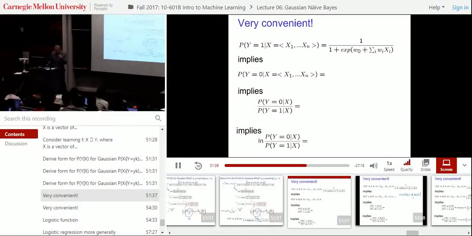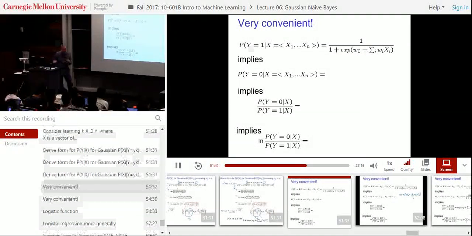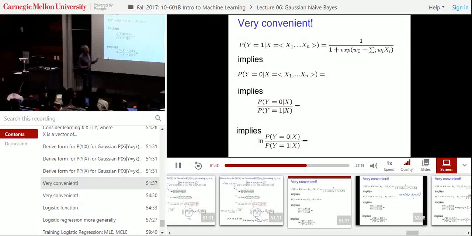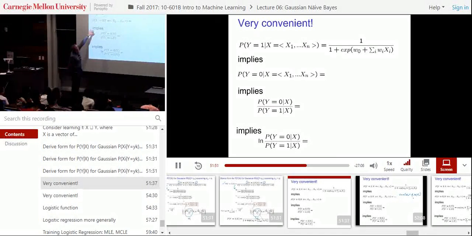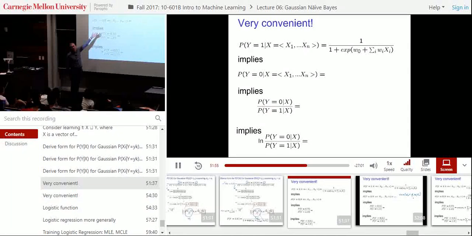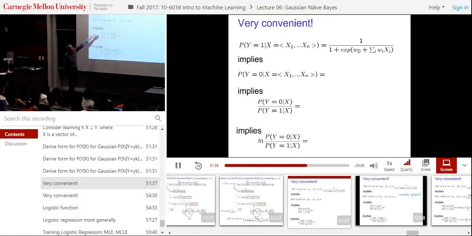Okay, so now who cares? I care, and you will too once you see how cool this is. This is very cool because now that we know that P of y equals 1 given x is of that form, what does that imply? Well, how do we get y equals 0? 1 minus that, right? So that's easy.